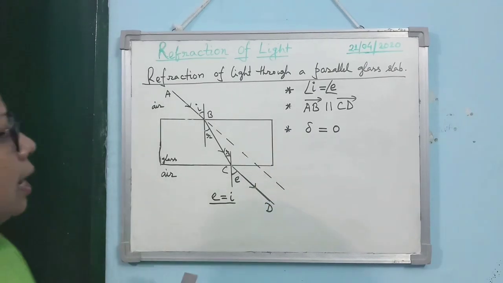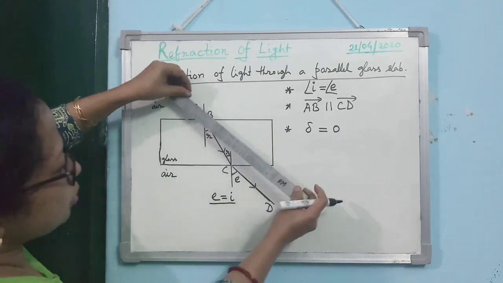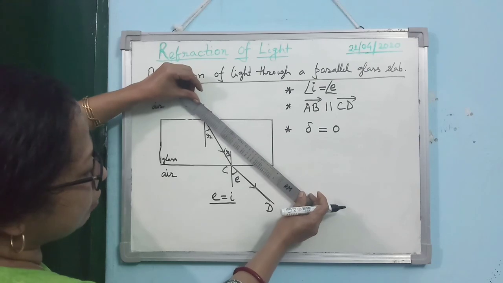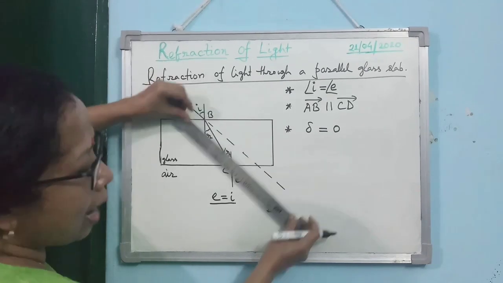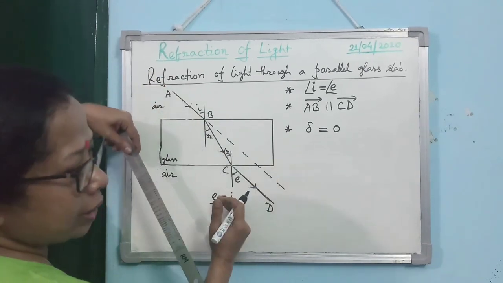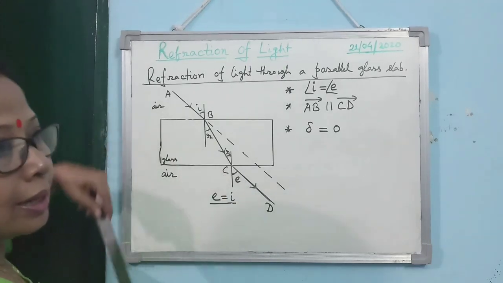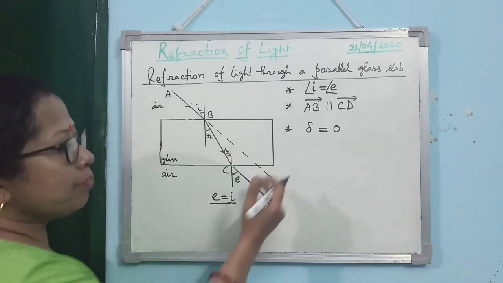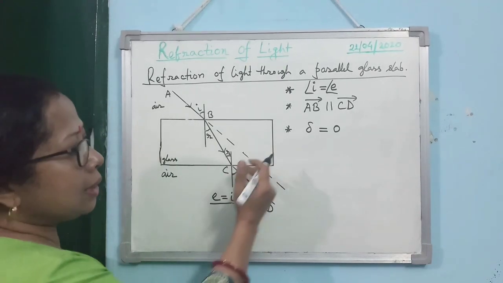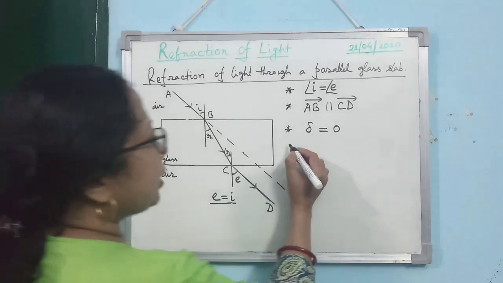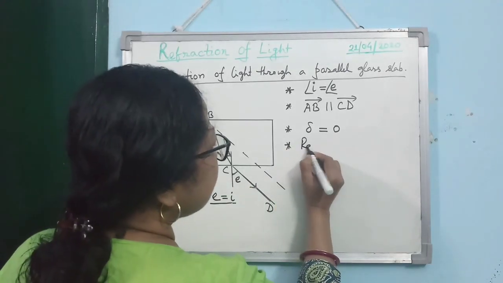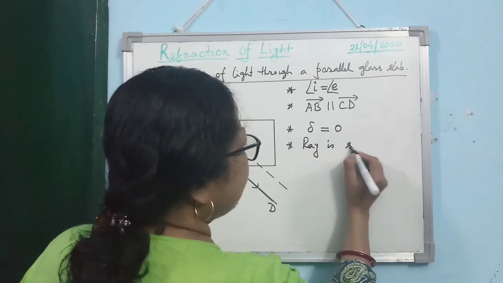How much deviation is the ray suffering? No deviation. But look, this was the incident ray and now it has come down here. So sidewise it is shifted. The technical term we use for this is lateral displacement. The light ray is suffering lateral displacement.